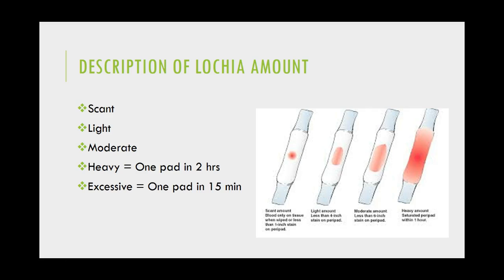And then excessive would be 1 pad in a 15-minute time frame. That would be very excessive, and I would really question whether or not that mom is having some type of postpartum hemorrhage if she is bleeding excessively enough to saturate a pad in 15 minutes.